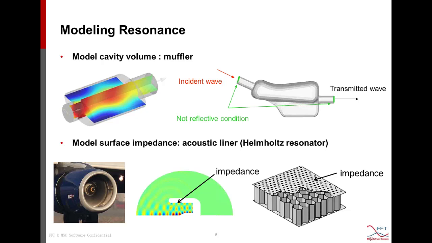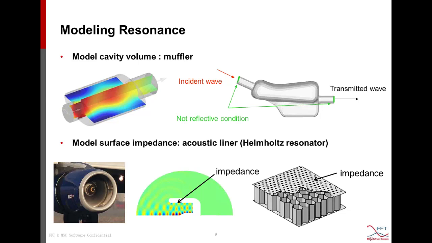So this is a quite typical expansion chamber, which is the most basic muffler design. And in the case study later on, we will see that there are more complex mufflers integrating the perforated sheet and the porous material in the muffler.